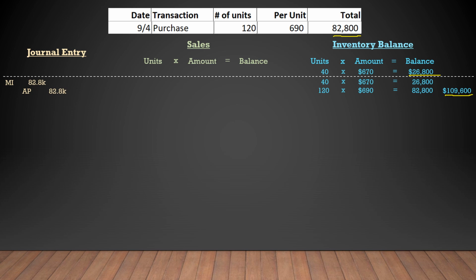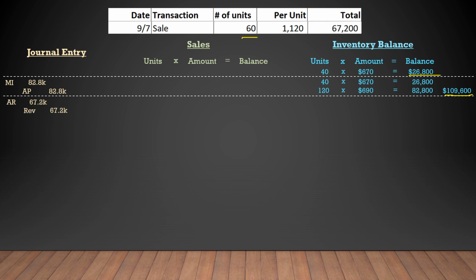On September 7th, we have our first sale of 60 units. The journal entry will consist of a debit to AR and a credit to sales revenue of $67,200. We'll also debit cost of goods sold and credit merchandise inventory.